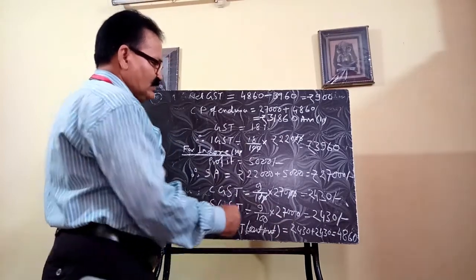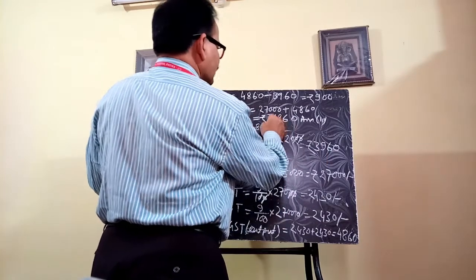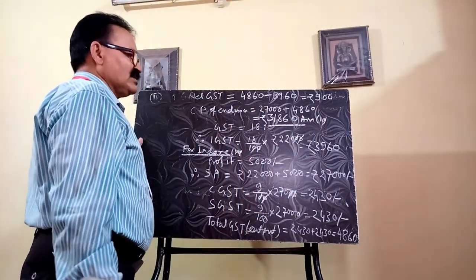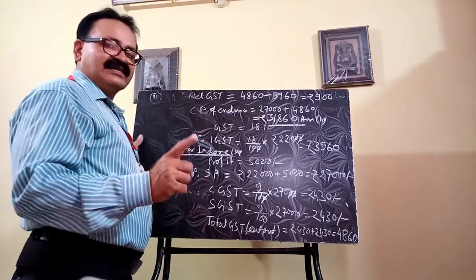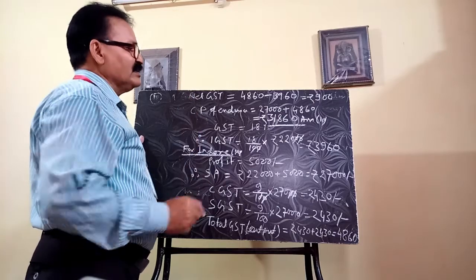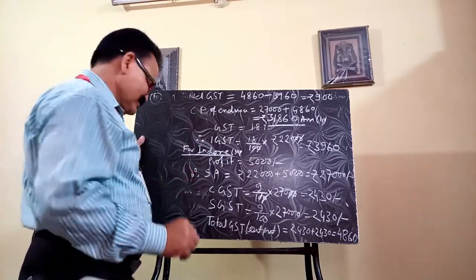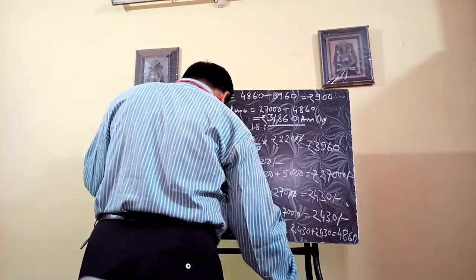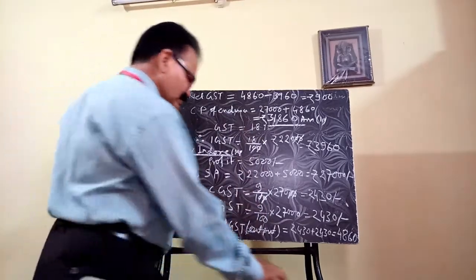So this much, 31,860, is to be paid by the end user, that is the user of Gwalior who has purchased this from Indore. Clear? Okay. So now this question is over. For the next question I have to remove this.